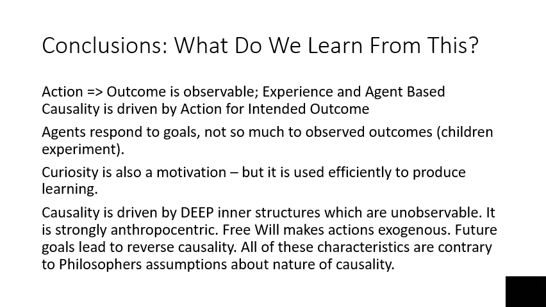On the other hand, if they see a random connection between two events, a button is pushed and something else happens, but the pushing is done accidentally, they don't deduce the connection because there is no goal involved in the picture. So this is an interesting children's experiment, which strengthens our idea that causality is really between the action and the intended goal, and not between action and observed consequence.